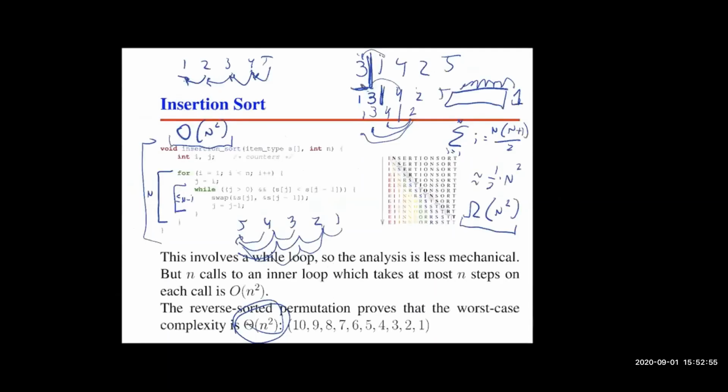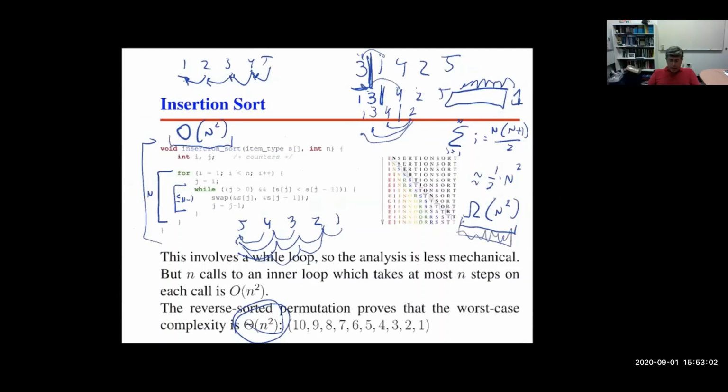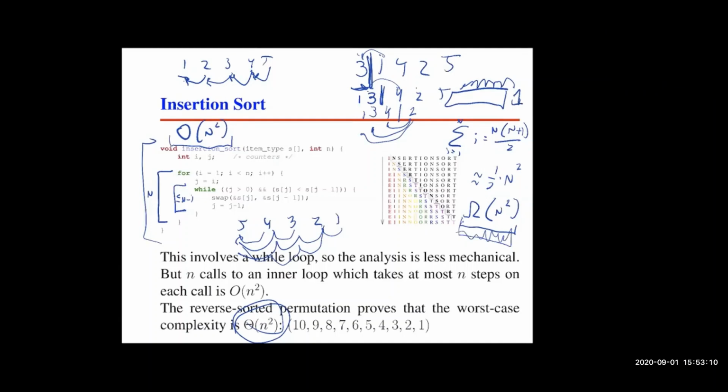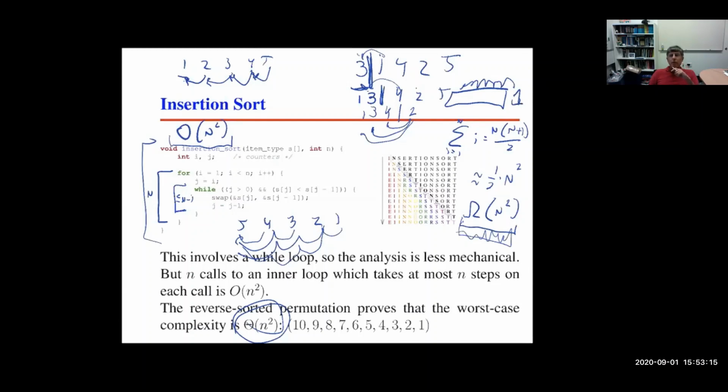I have one question. Yes. About the whole thing being omega of n squared, right? Can you explain that one more time? Omega is saying that the running time is at least some constant times n squared, right? Yeah. I have to prove to you that it is at least some constant times n squared. And I'll say, sure. Look at this reverse sorted input.